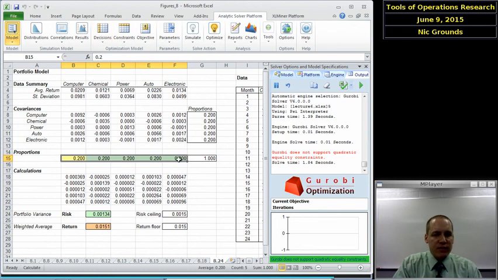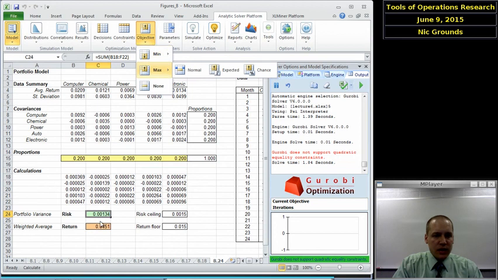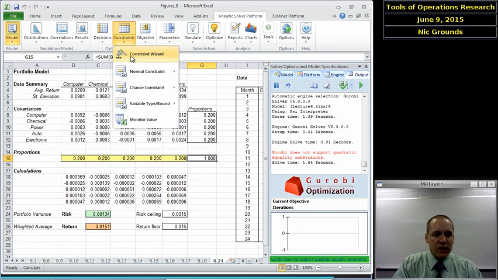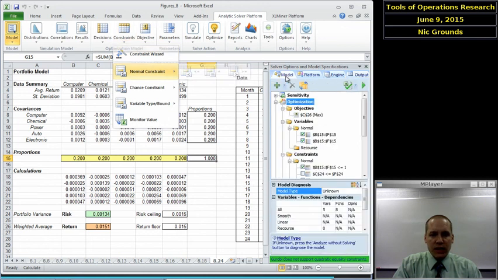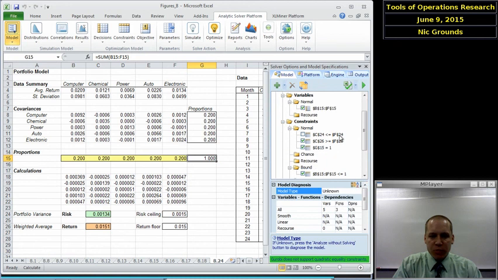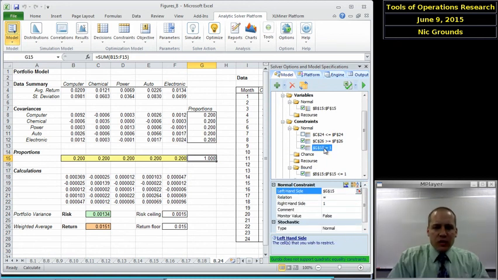So the decisions are these 5 quantities. The objective is to maximize return. The constraint is that the sum of, actually they already had all that done. So they're constraining G15, the sum of all the proportions, to be equal to 1.